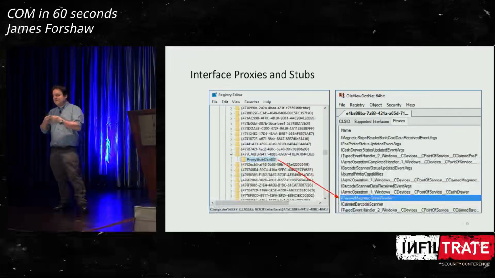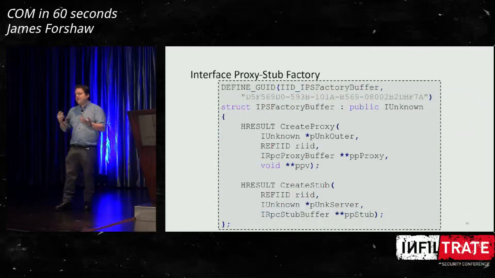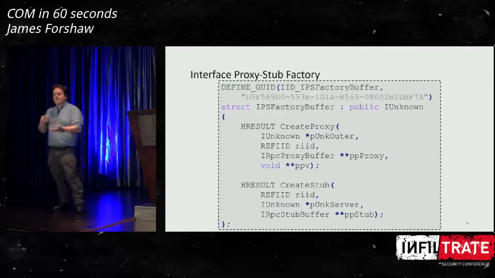Effectively you register a proxy object and a stub object, and when the COM infrastructure wants one of these, it can just load the library, call the appropriate methods, and get back a proxy or a stub. And instead of a class factory, it has its own factory interface, but it's just, as I say, create proxy or create stub. But again, this is just a COM object.